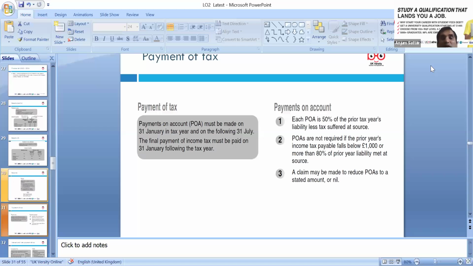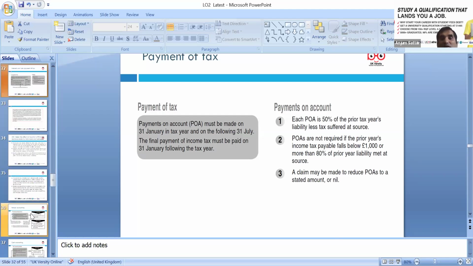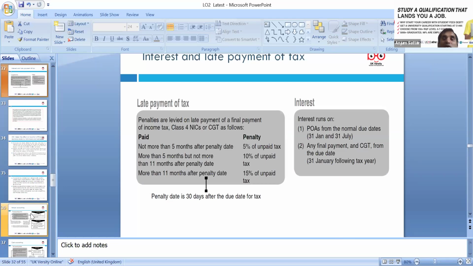The payment on account must be made on the 31st of January in the tax year and on the following 31st July, and the final payment of the income tax must be paid by 31st January for the following year. Your payment arrangement depends on what sort of tax we are looking at, like VAT and others, so we look at each separately.